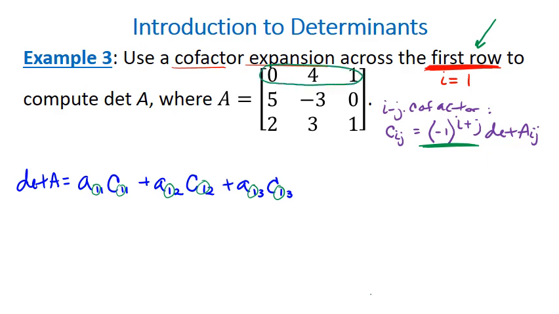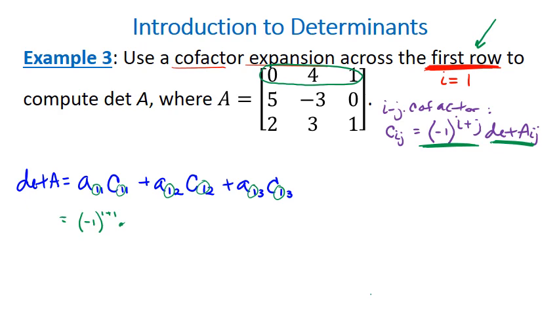Okay, so when we do this using this cofactor, ij cofactor, I end up with the following. i and j in this case are 1, so I have 1 plus 1 times the determinant of this.